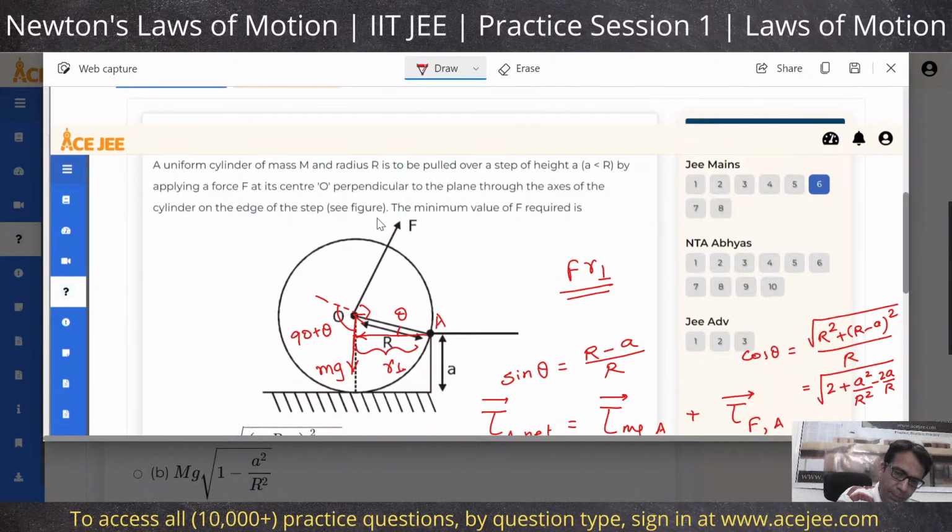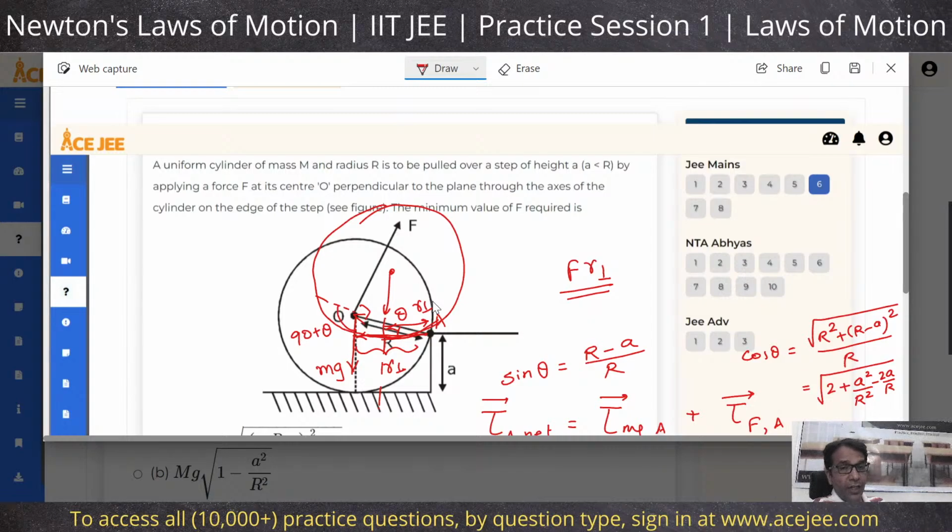As you lift it up, let's say you get the cylinder in this position. Now mg is still acting at the center, but now the moment arm, which is the shortest distance to the line of application of the force, which is this one, the r perpendicular, is reducing. So the torque applied by mg to keep it down is reducing as you lift it up.